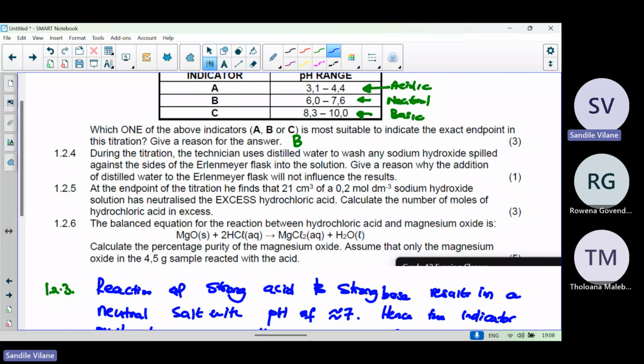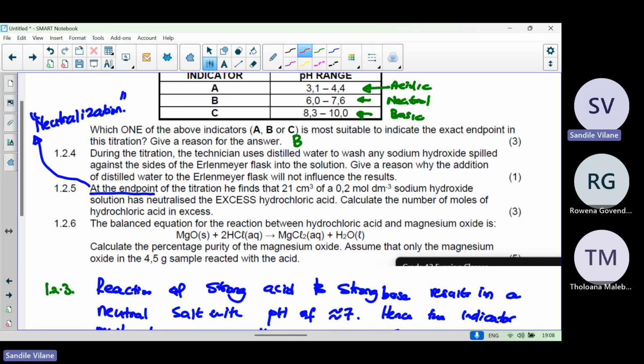And then at the end point, when you see the word end point again, you must know that neutralization has taken place. And neutralization again means the acid will react completely with the base, or the acid is neutralized by the base.